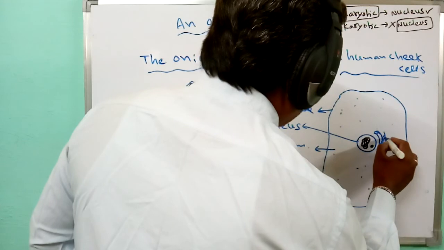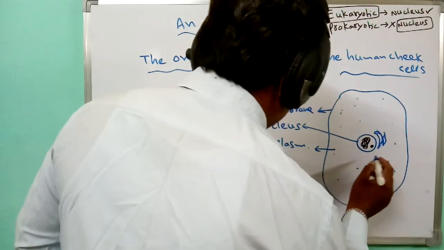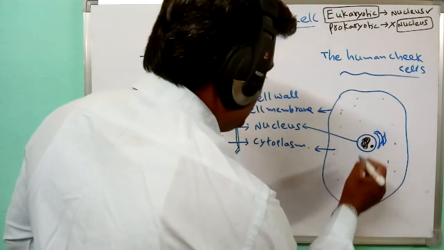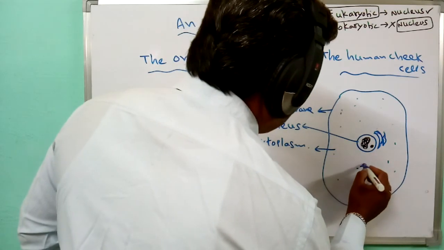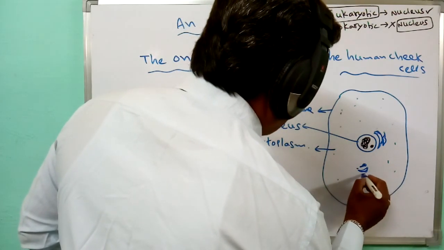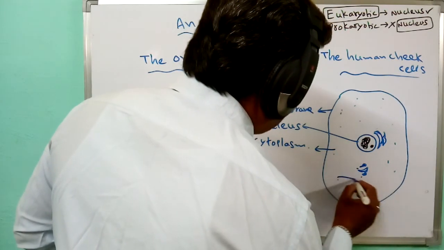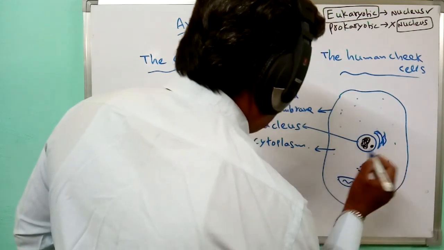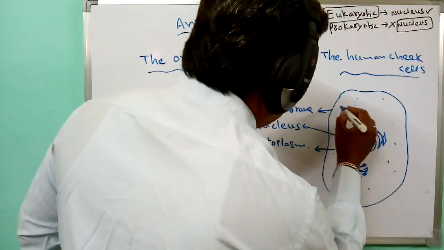Generally, vacuoles are absent in animal cells, that means human cheek cells. In these, mitochondria, Golgi apparatus, and microbodies are present.